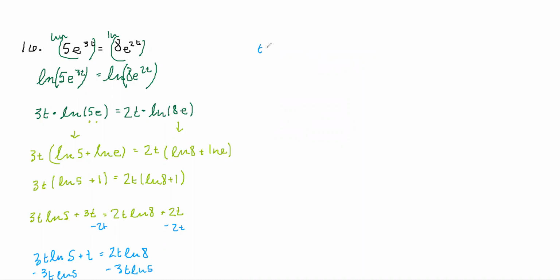So we end up with t is equal to 2t, the natural log of 8, minus 3t, the natural log of 5. And we still haven't isolated it.